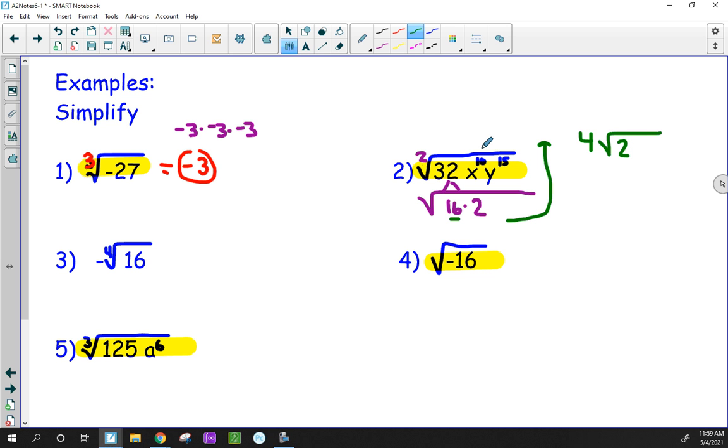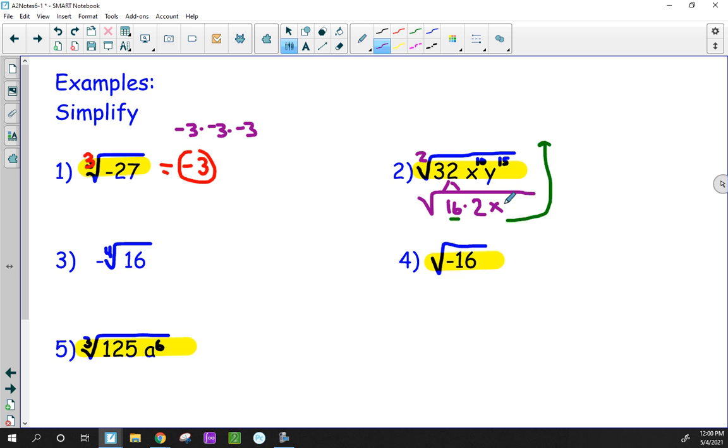Now what's different about my question 2 from all the other ones we've done today is that it has a variable. So what you do in this case is you take the variable's power and you divide the power by the index. Power divided by the index. So let me backtrack for a second and erase this. You're going to underline everything that simplifies. So 16 simplifies.